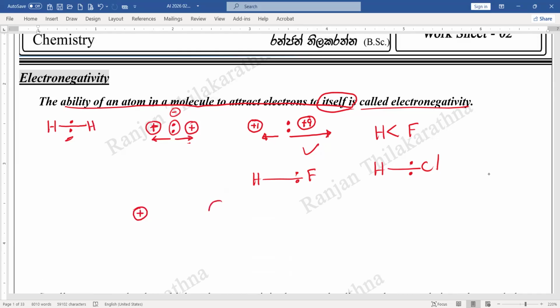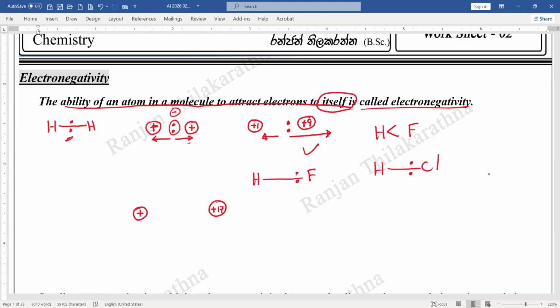But chlorine has 17 pluses. Why 17? The atomic number of chlorine is 17. That means chlorine has 17 protons in its nucleus.